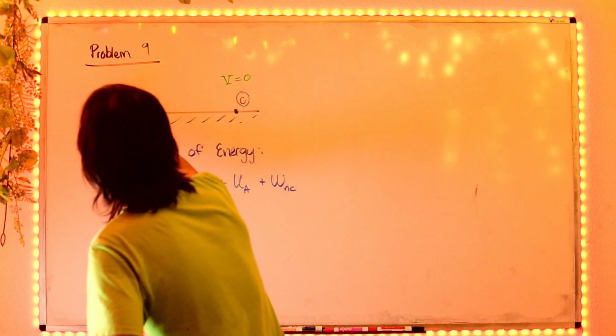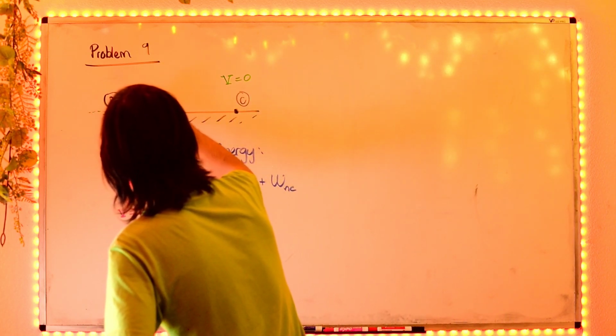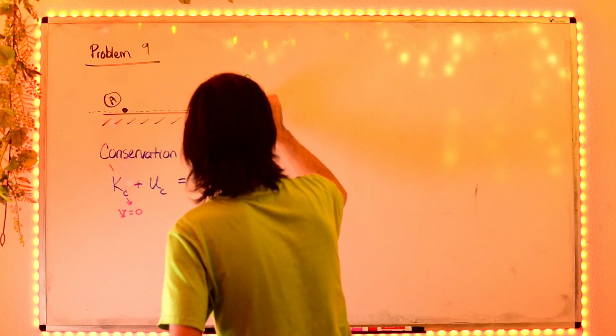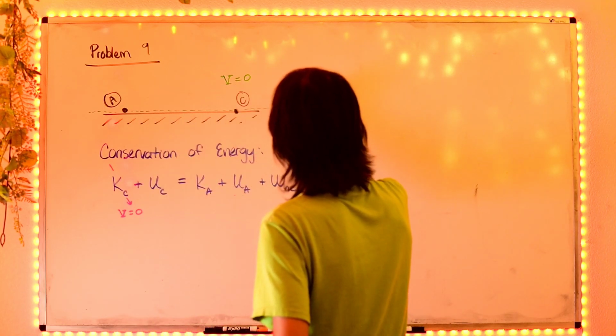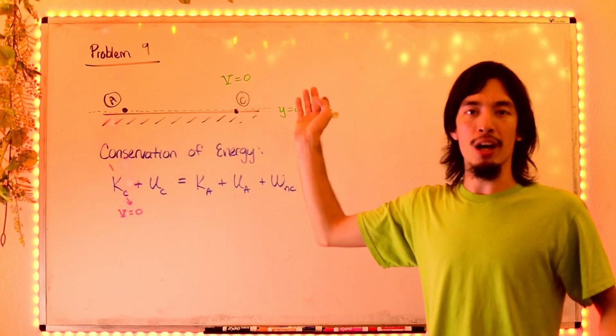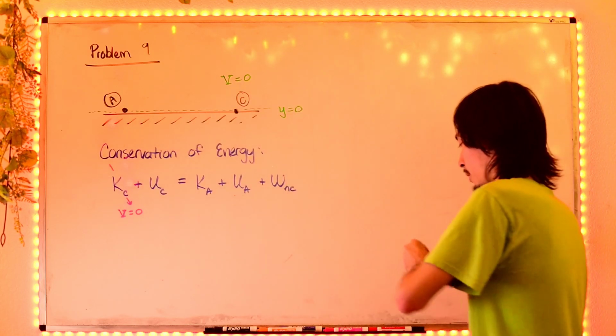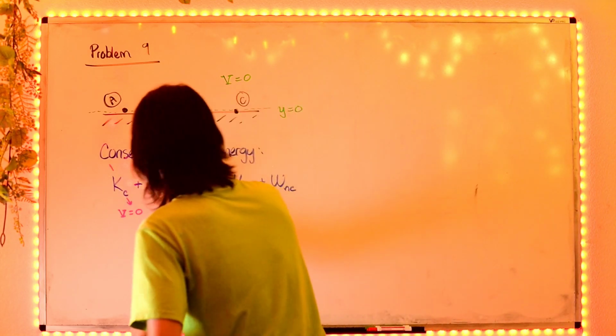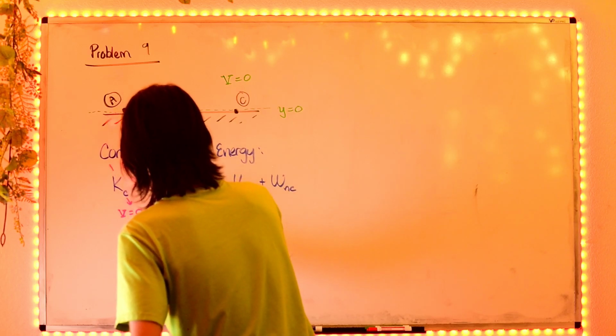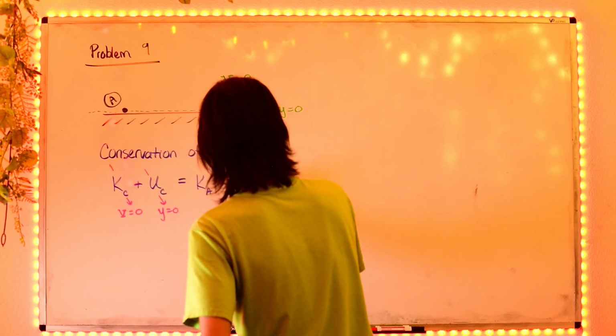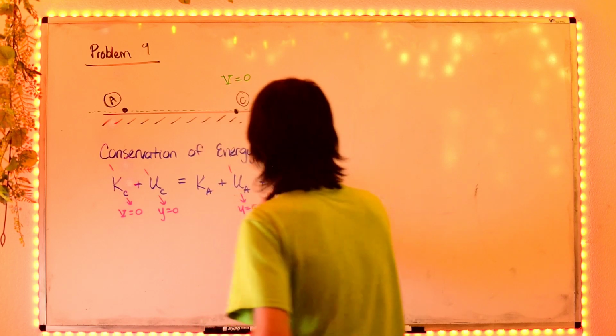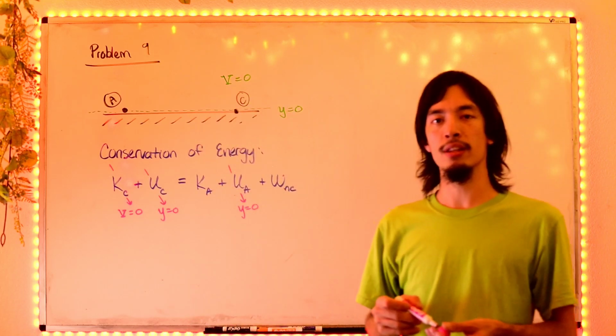But even still, if we set y equal to 0 along the ground, which is the lowest point that we use in the problem, they're both at y equal to 0. So that means we do not use any potential energy in this problem at all, because there's no height that we're working with.